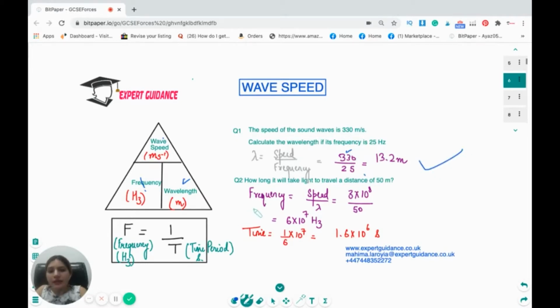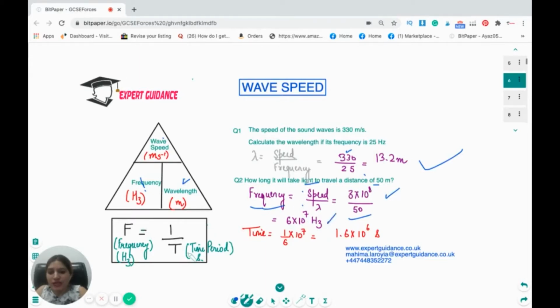All right. Now, we know that frequency is speed over wavelength. Now, the distance is given to us as 50 meters. And for light, we know that speed is 3 times 10 to the power 8. So when we put this into the calculator, we get the frequency to be 6 times 10 to the power 7 hertz.